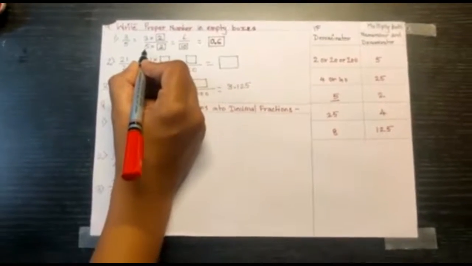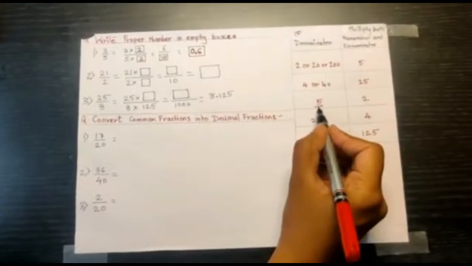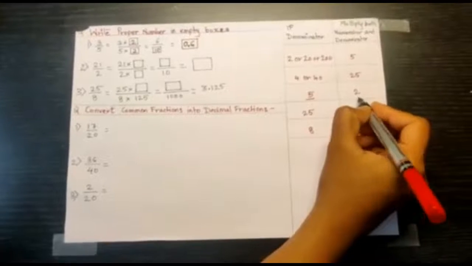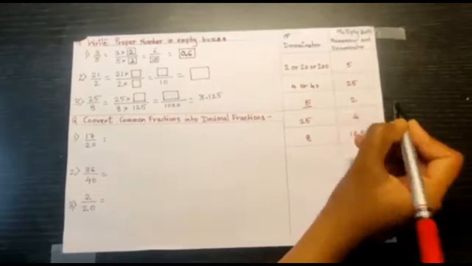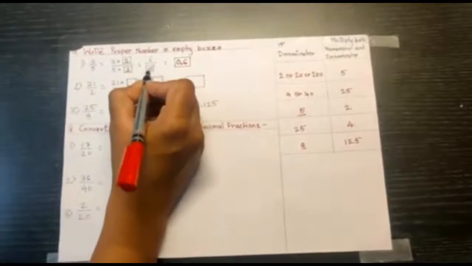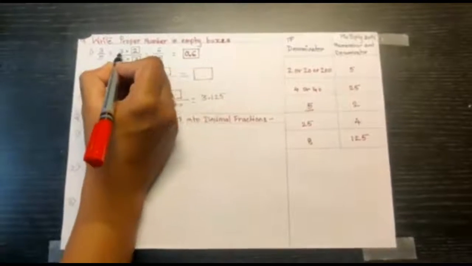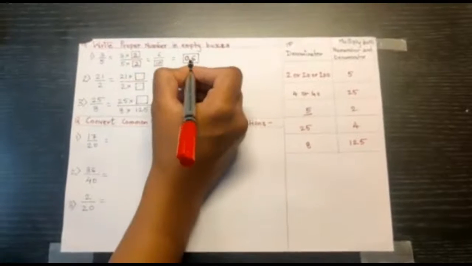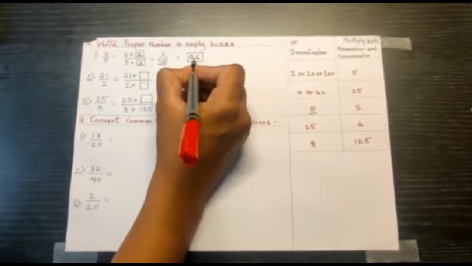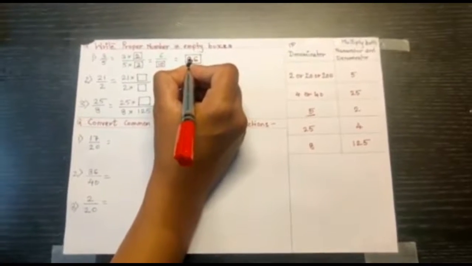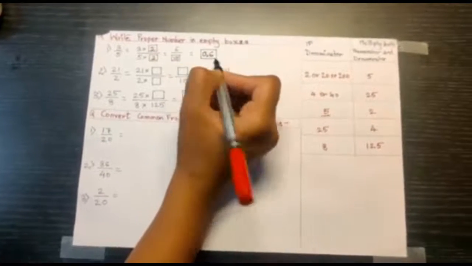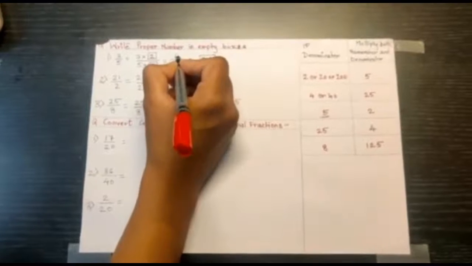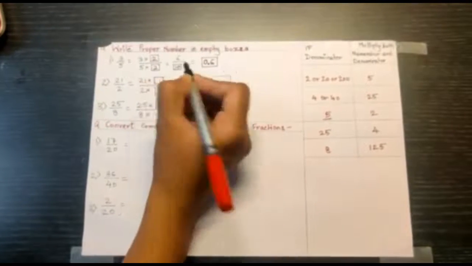Because my denominator is 5, and in the chart it says if my denominator is 5, I have to multiply by 2. So my denominator comes as 10. So 3 into 2 is 6 divided by 10. And we all know how to write a decimal fraction, correct? Then we write 0.6, because the number of digits in the numerator and the zeros in the denominator are the same.